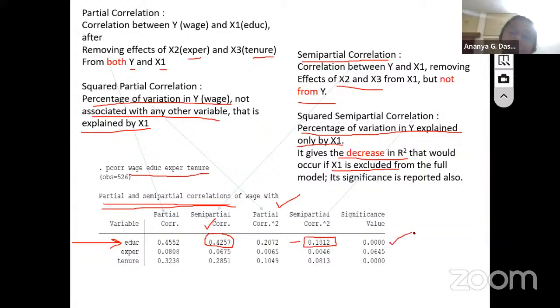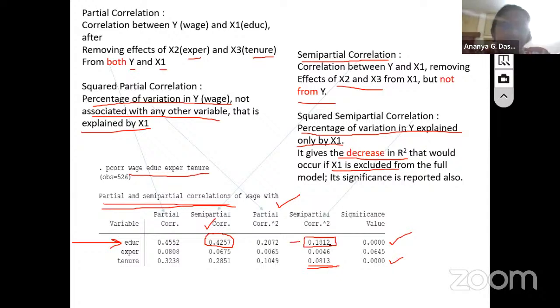So it's also giving you whether this decrease in R squared is significant or not. If it has a very low p-value, that means it's significant. So both tenure and education are significant at 1%. If I remove tenure, my R squared will decrease by about 8%. If I remove education, my R squared will decrease by about 18%.